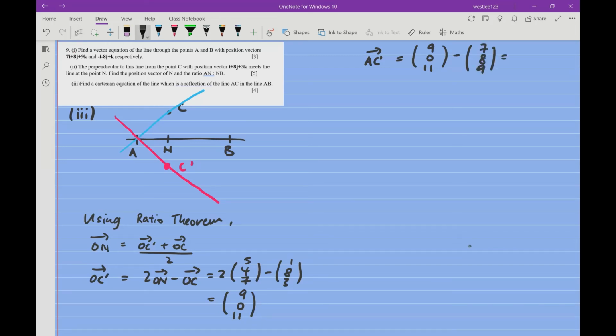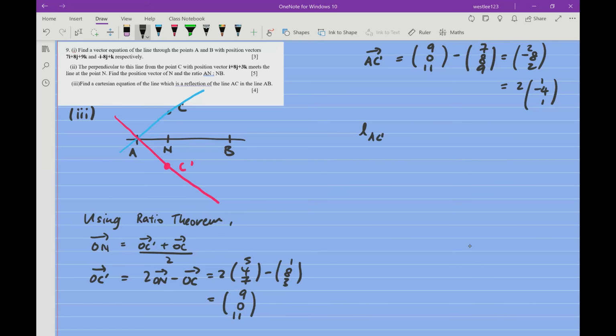This will give me 2, -8, 2. Okay, so like I said, when you're dealing with a directional vector, if you don't like to deal with big numbers, factorize out common factors so that the numbers in the directional vector become smaller. Okay, this is optional, it's up to you.